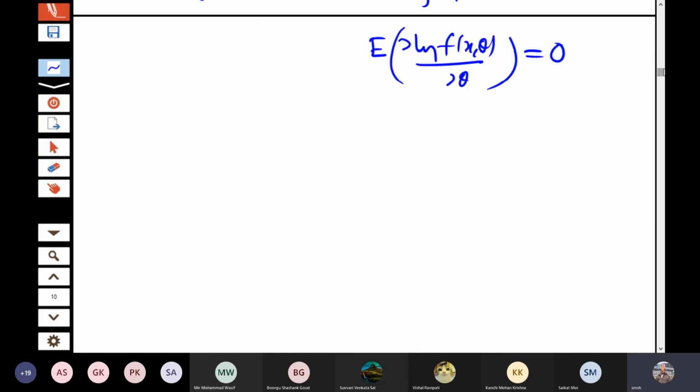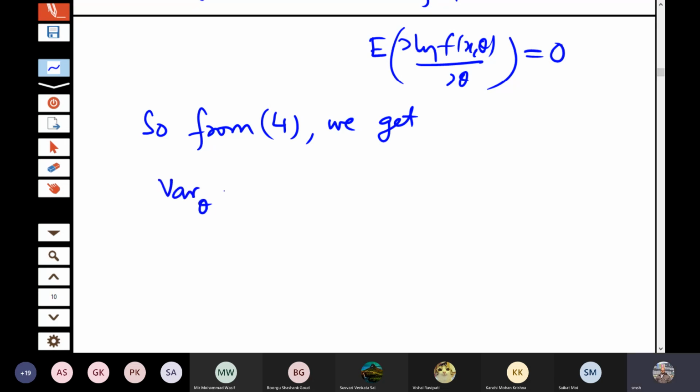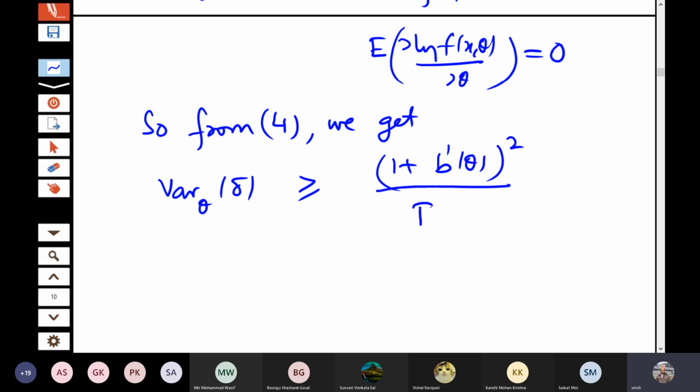So from 4 we get variance of delta is greater than or equal to (1 plus b prime theta) whole square divided by I_X(theta). So this is the Rao-Cramer inequality.